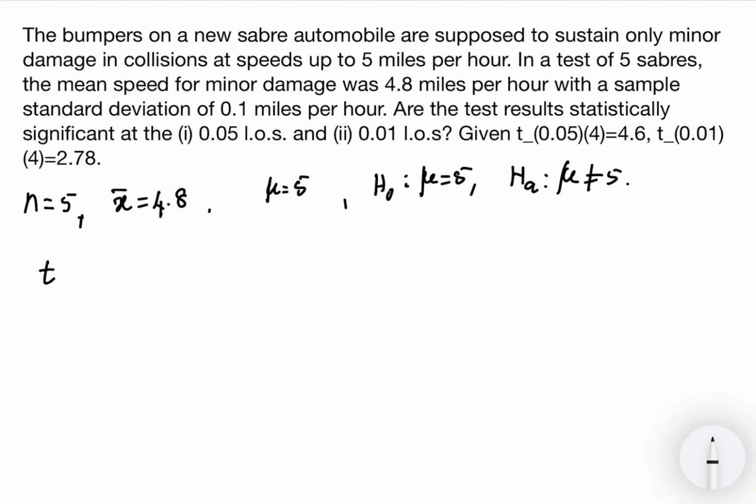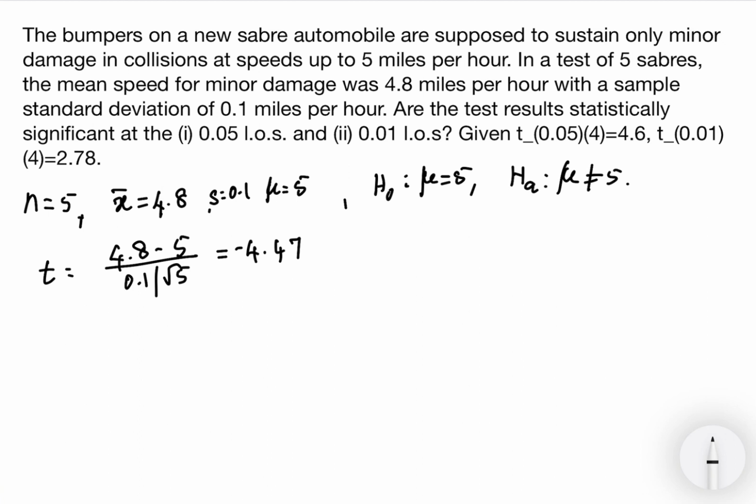So then T is equal to x bar minus mu over S divided by root n, and S is given to be 0.1, that is the sample standard deviation, 0.1 over root 5, and it is found to be equal to 4.47. Or rather, it is minus 4.47.